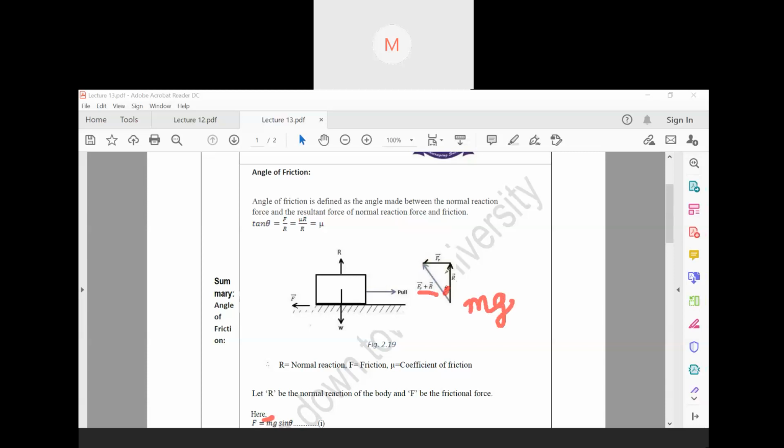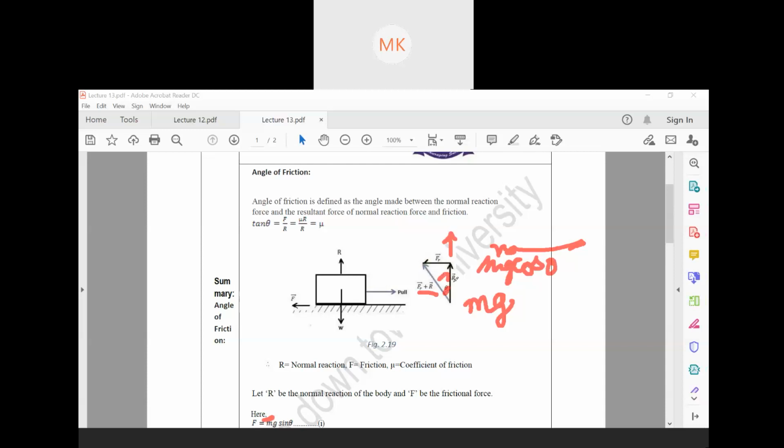Then what happens? If this is theta, then the cos theta component will be here. This side will be mg cos theta, right? Understood?